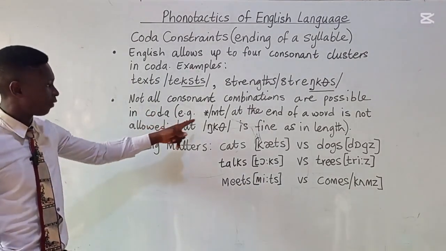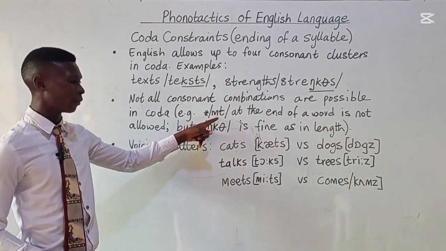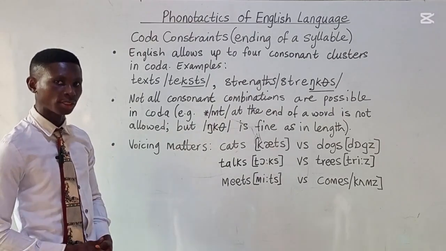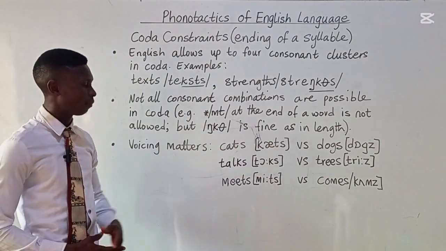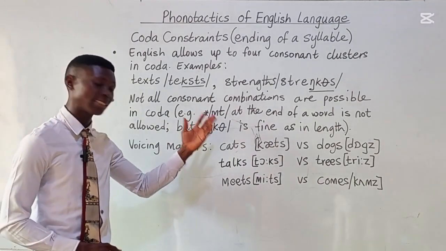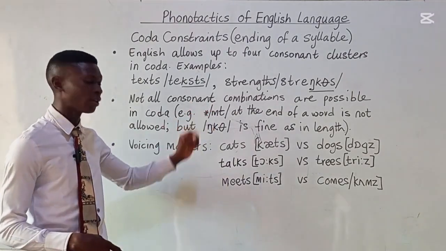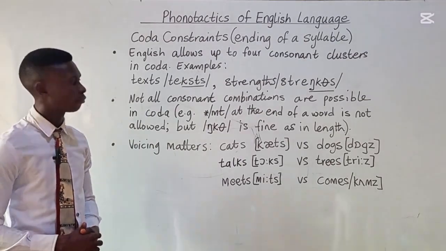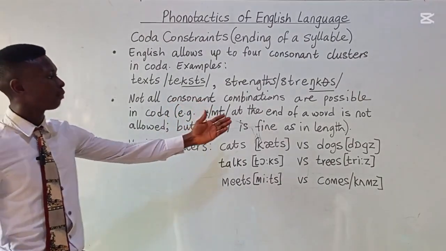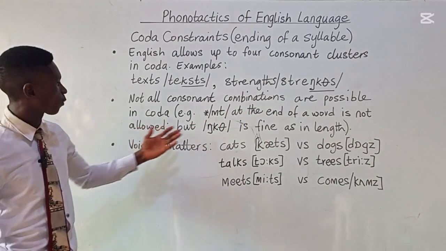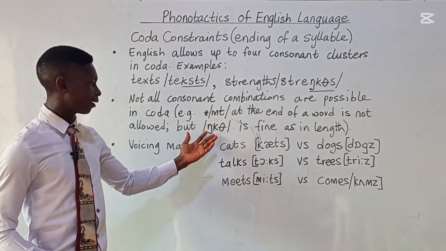So we cannot have a combination like t at the same position. No, it can never happen. You can have this at a syllabic junction, but not in the same syllable. But we can have something like nk.